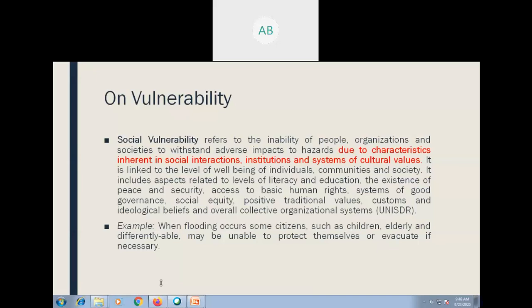But if you further introspect, the idea of constructing a changar is already there in the belief system or in the culture itself. So these cultural beliefs or systems about how to construct a house if you are living in a flood prone area are sometimes very effective in the reduction of vulnerability.